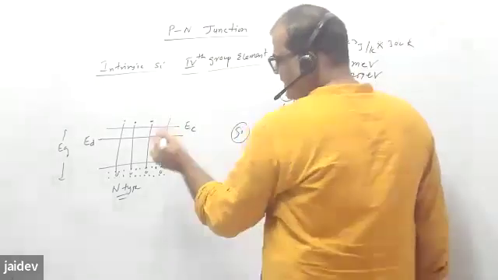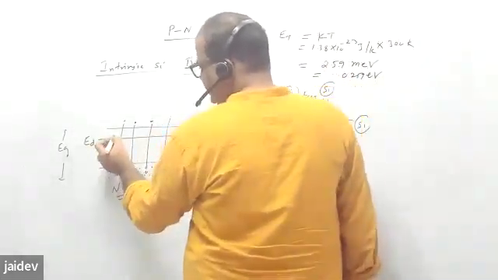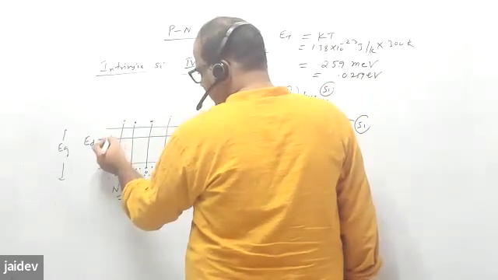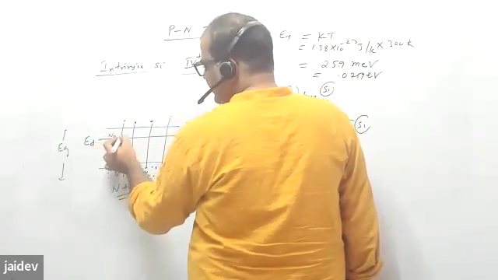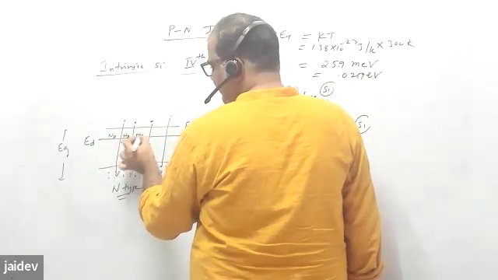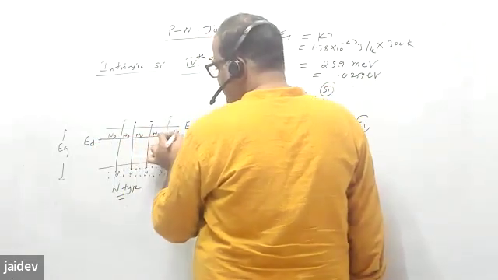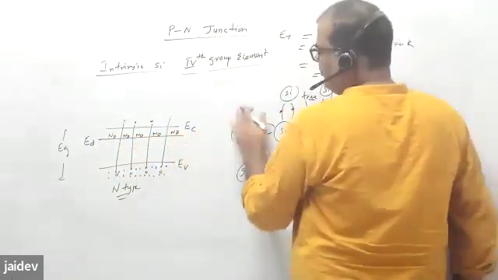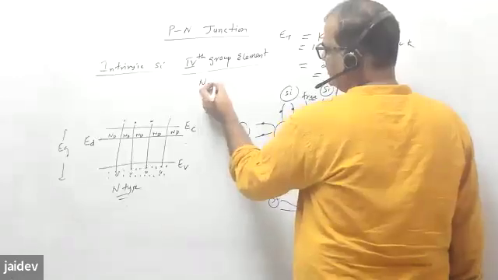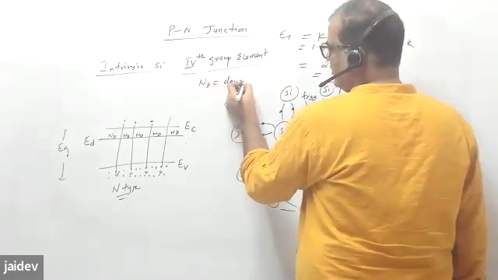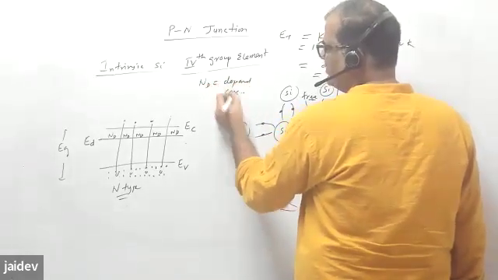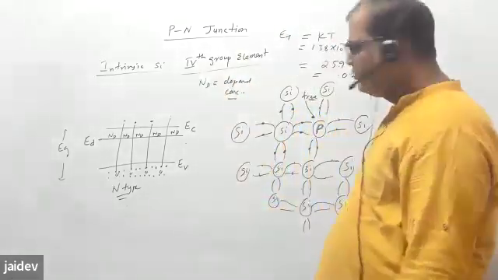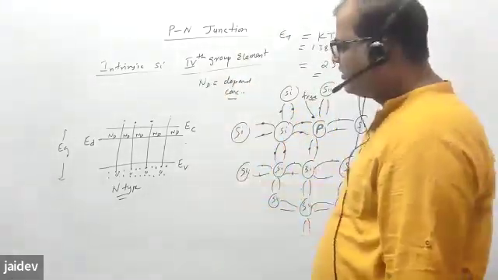All the dopant atoms like phosphorus atoms are sitting here, so I will denote them by Nd. Nd is the dopant concentration, how many atoms you have introduced, and every atom is giving one electron.